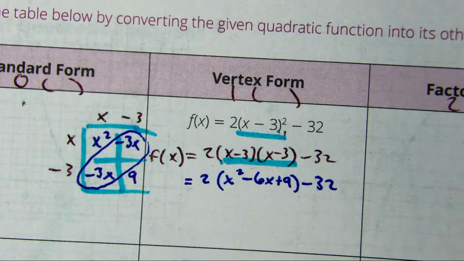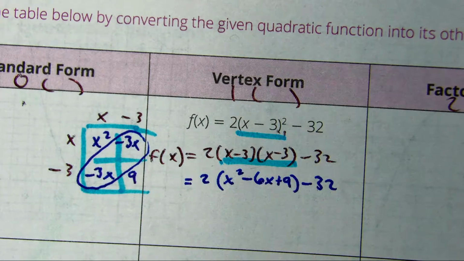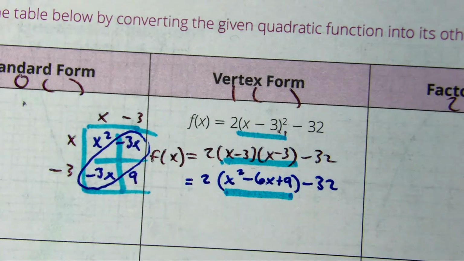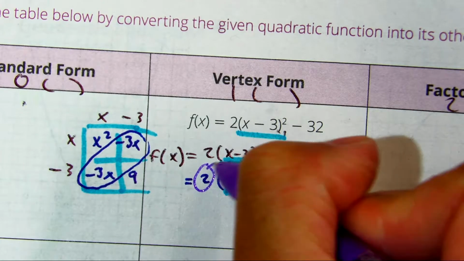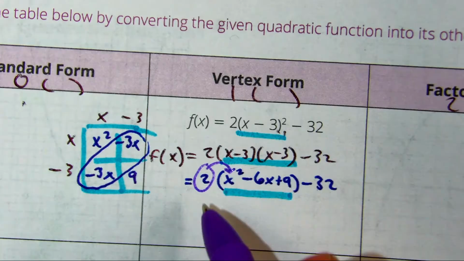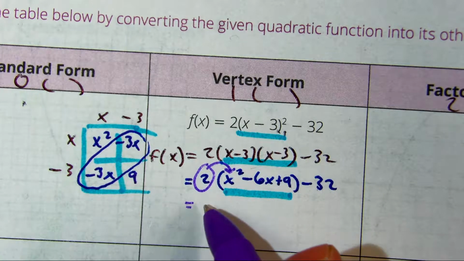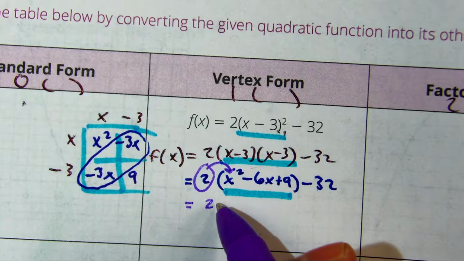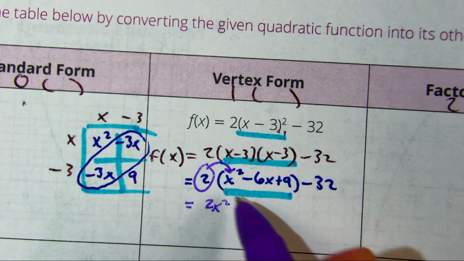Ariana, what do I do with that 2 now? Okay, Ariana, help us distribute. 2 times x squared. Ariana, 2 times negative 6x.